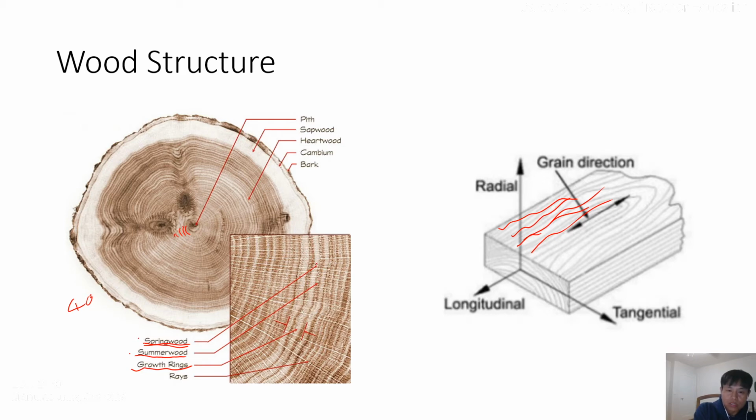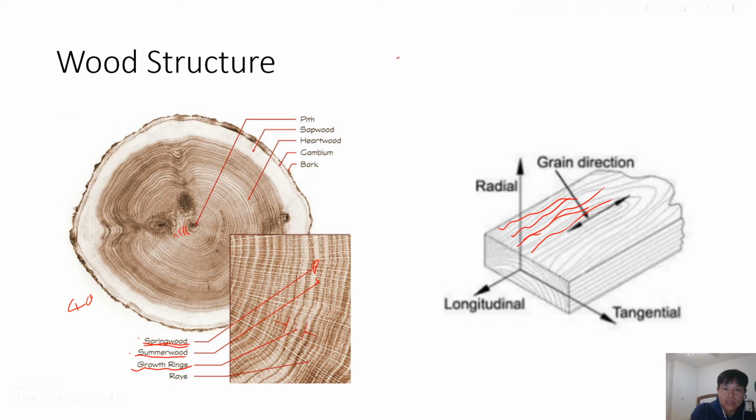If you can see, spring wood is wider, and summer wood is dark and narrow. This is because the spring wood has a lot of warmth and moisture that helped the tree grow fast. So that's why it is wider.